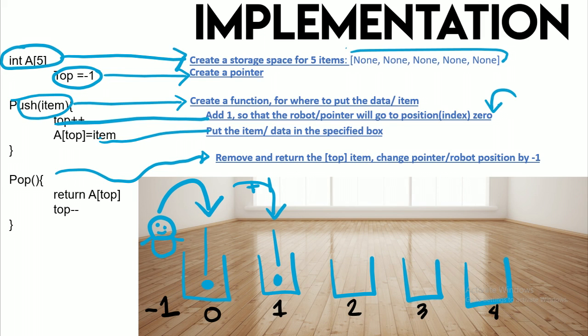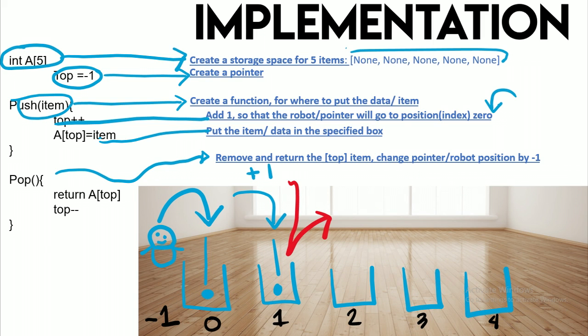So we are going to say that we want to take the item where the pointer is, and in our case, where the robot is. So we pop, or remove, or take the item where our robot is.